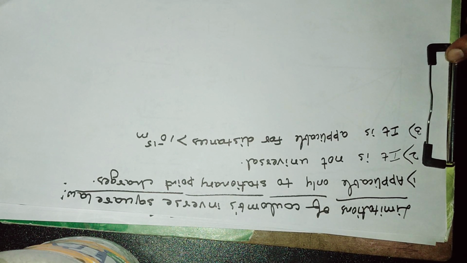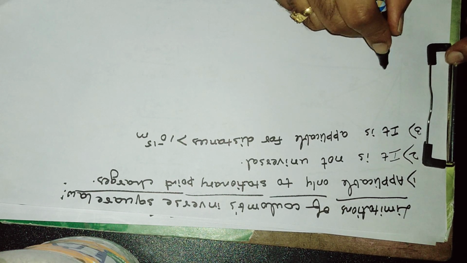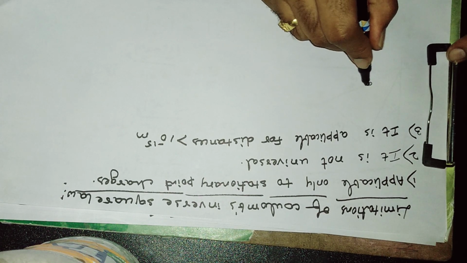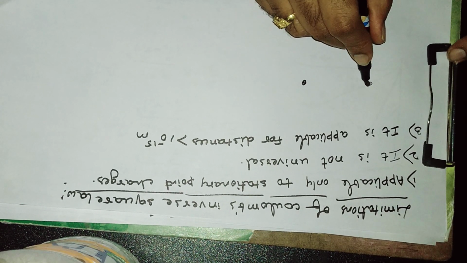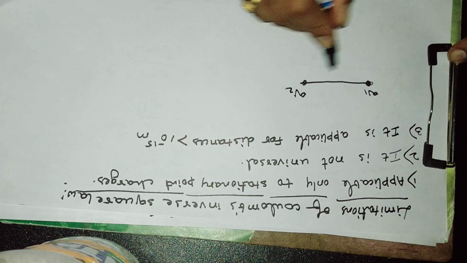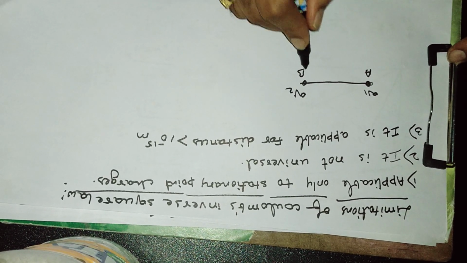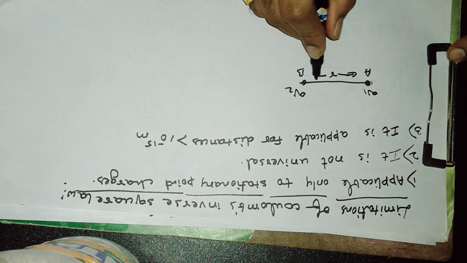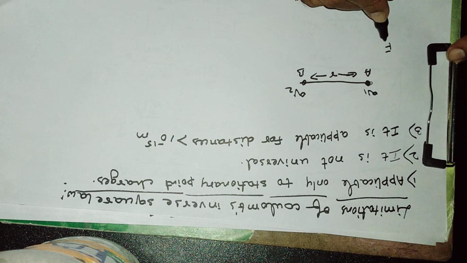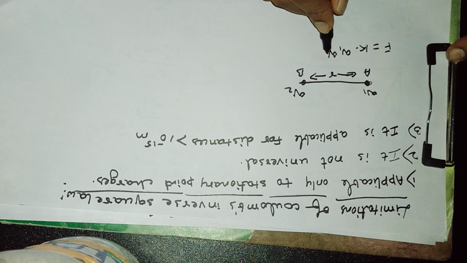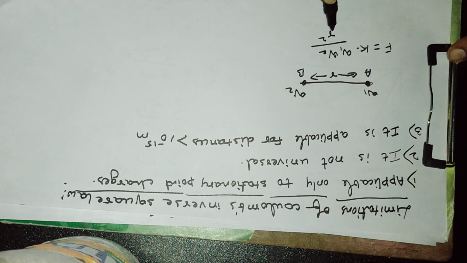And also, let me take up an example. You have two charges Q1 and Q2 kept at the points A and B. If I call the distance R, the force acting between these two charges is given by K into Q1 Q2 by R square.